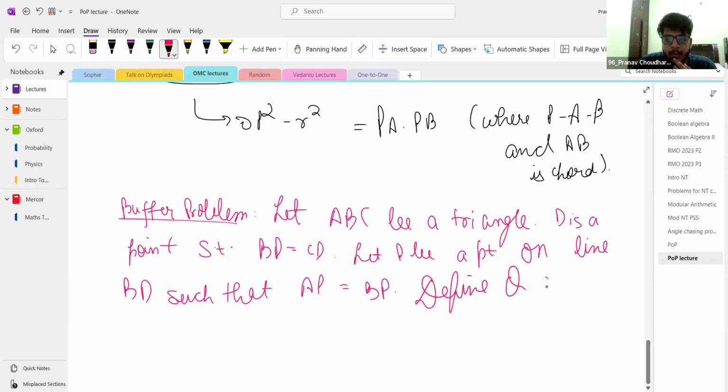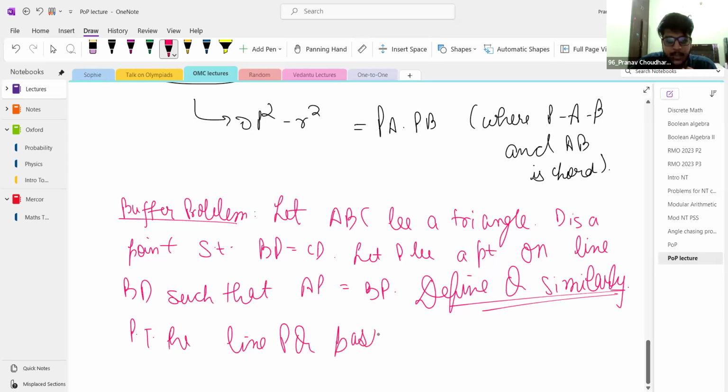Define Q similarly. Okay, I expect people to know what this means because it's used very commonly. If you don't know, please ask. Define Q similarly. Prove that the line PQ passes through a fixed point.